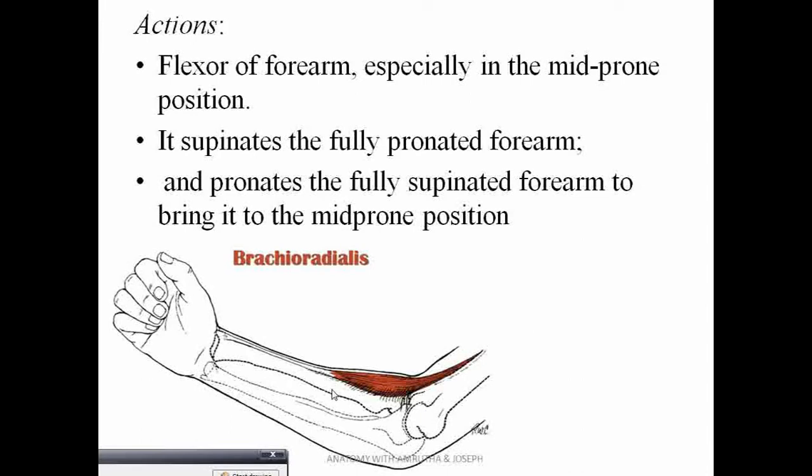When the forearm is in mid-prone position, it acts better. It can supinate a fully pronated forearm and pronate a fully supinated forearm to bring it into mid-prone position. So the forearm is brought to mid-prone position by brachioradialis.